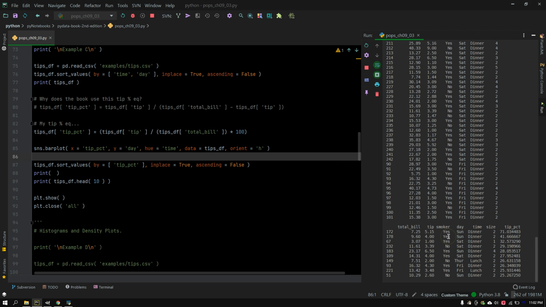Here I've printed down here, after sorting it by tip percentage, you see that there's one day here, 71%. It's a $7 bill and they got $5 and so forth, but I'm only showing 10.